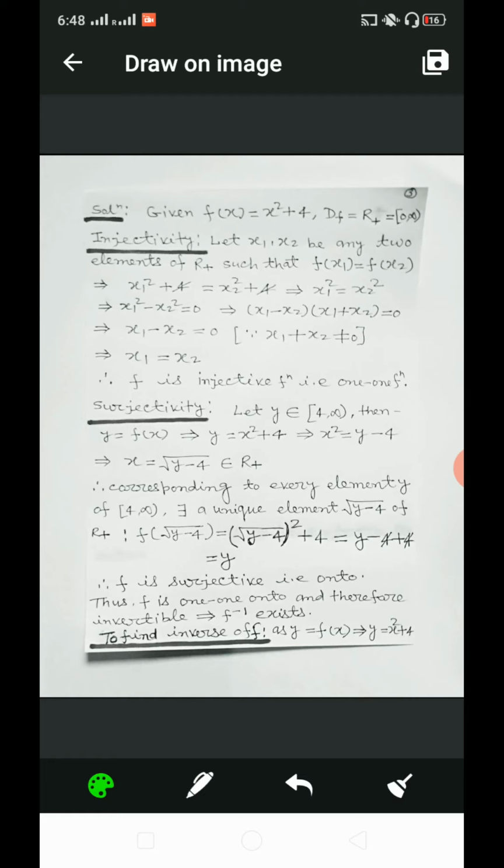So for the solution we have f(x) is equal to x square plus 4, which is given, and the domain of f is equal to R plus, and this is equal to the open interval 0 to infinity.